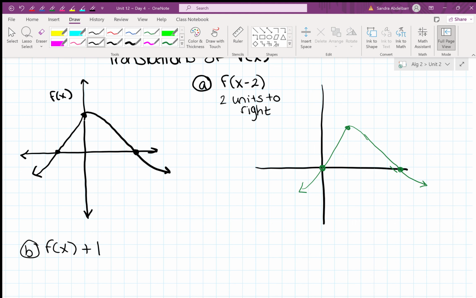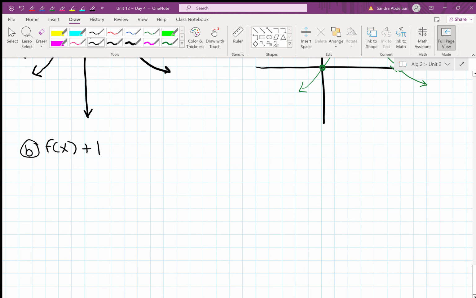That means I'm taking my original and shifting everything up 1. These are just rough estimate sketches.